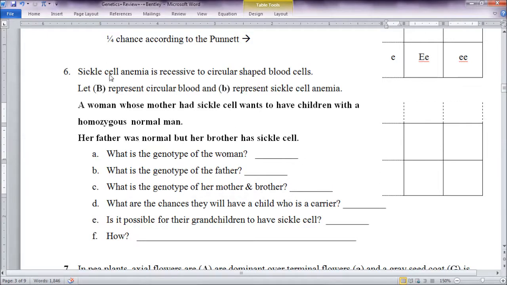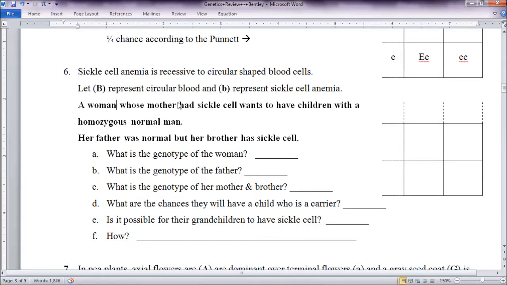It says sickle cell anemia is recessive to circular shaped blood cells. So those are normal shaped blood cells. Big B is going to represent circular blood, and little b represents sickle cell anemia. So a woman whose mother had sickle cell. Now that's something you'll often see: somebody whose parent had this condition.